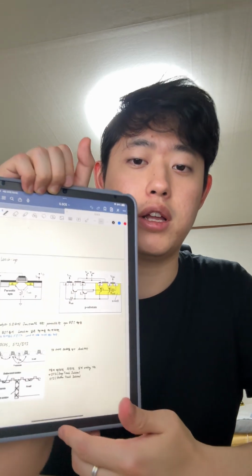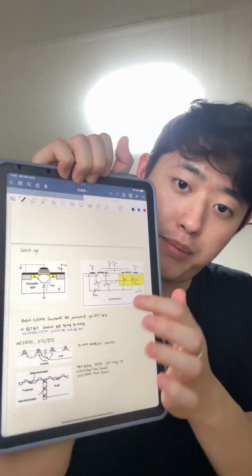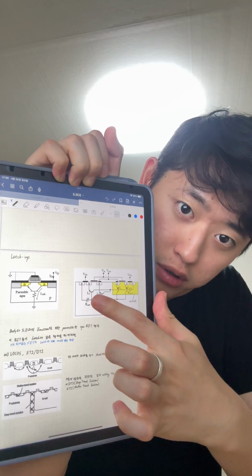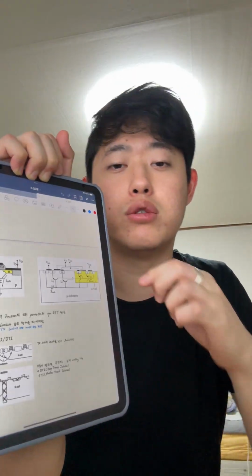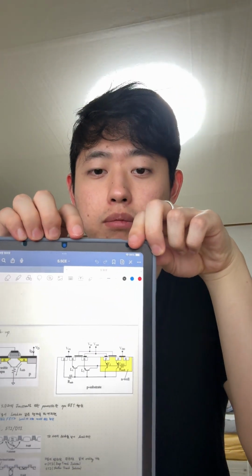And this is the latch up. In the semiconductor body there can be a parasitic NPN, because of the N of the source and drain and the P substrate. So NPN can make a latch up structure in the body.